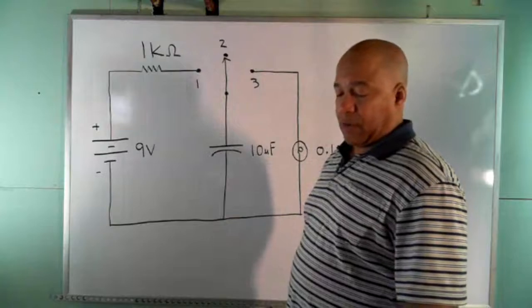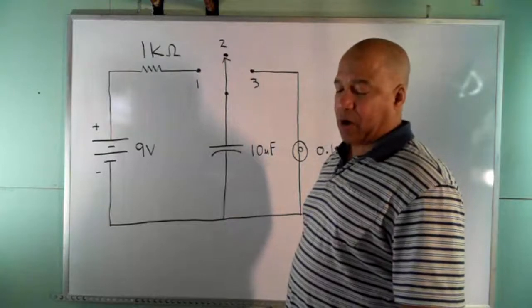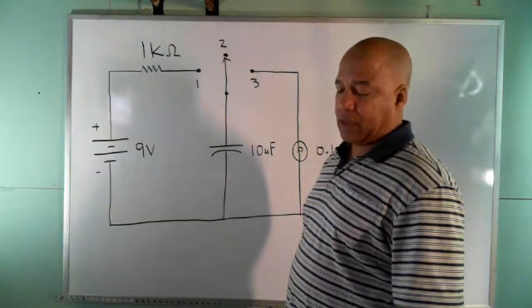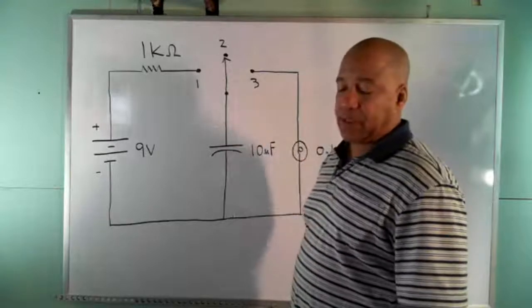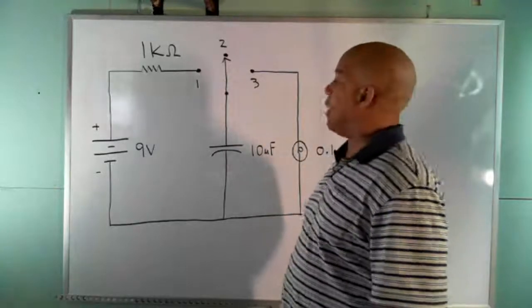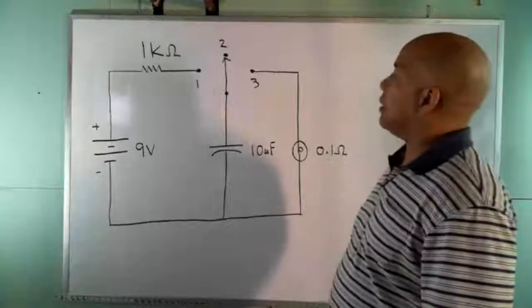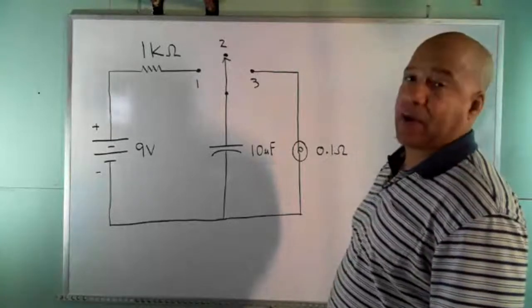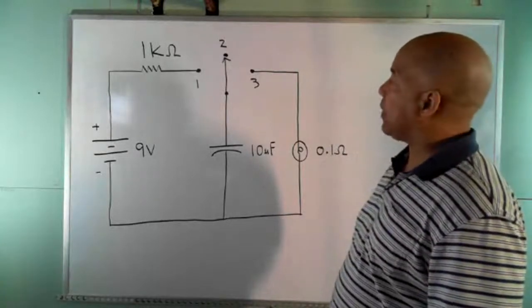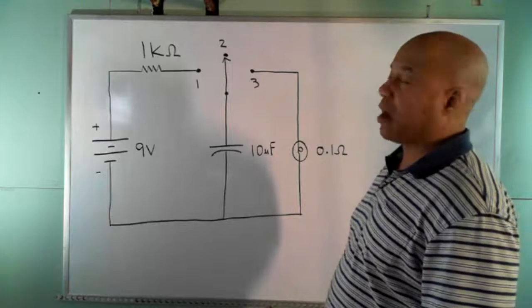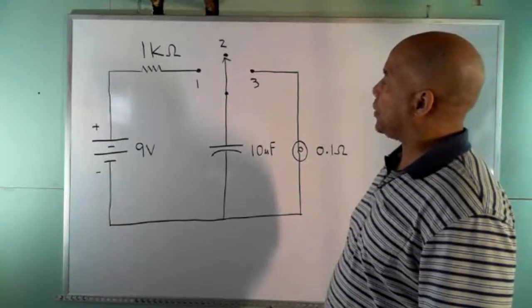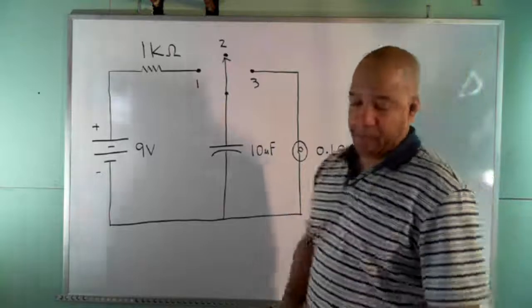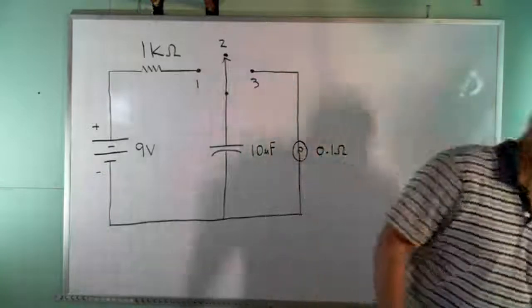So the question is, what is the maximum current when S1 is moved to position 1? Take a second, get your calculator out if you think you might need one. I want to know the maximum current in the circuit when the switch is moved from position 2 to position 1. Let's see if you can figure that out for me.